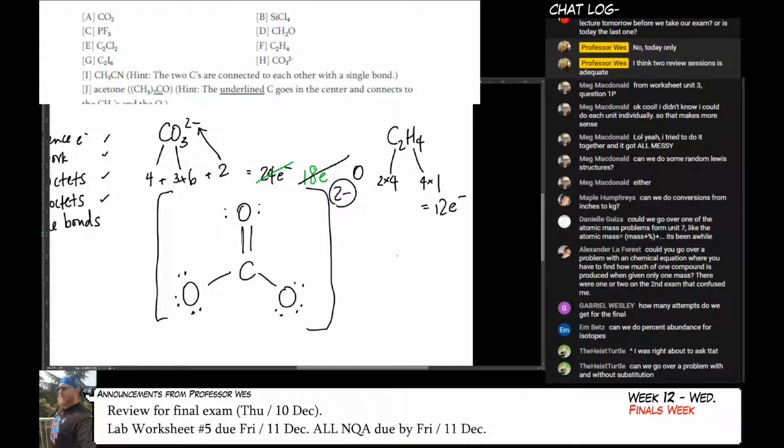When there are multiple central atoms, generally what you want to do is just connect them together and then put everything around it as equally as possible. So this would probably be the right way to do this Lewis structure, by starting with this connection and then doing this. It's not common that you have unsymmetrical things, like 3 H's on one side and then 1 on the other.